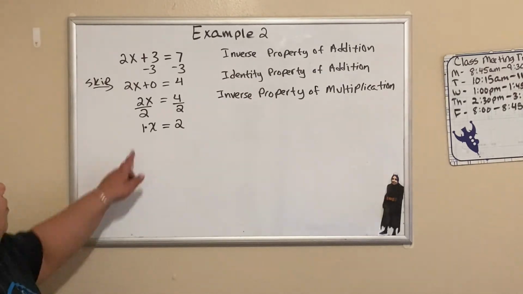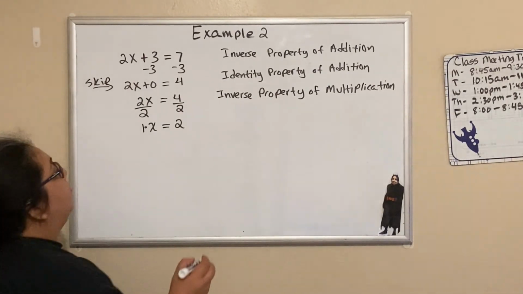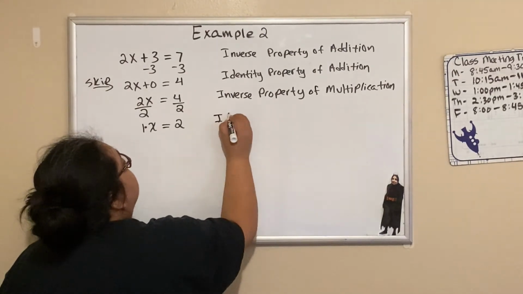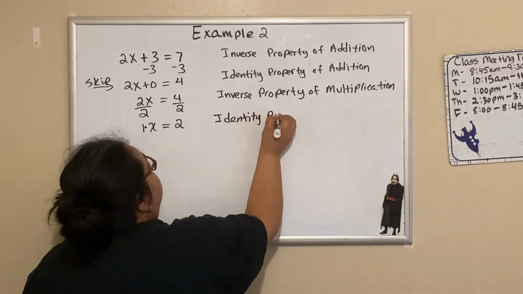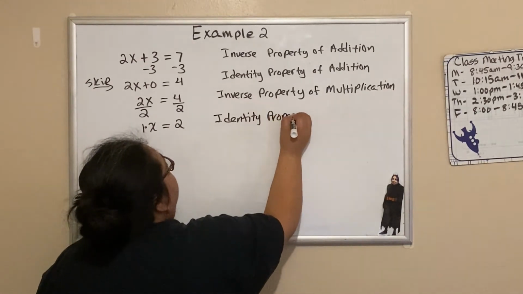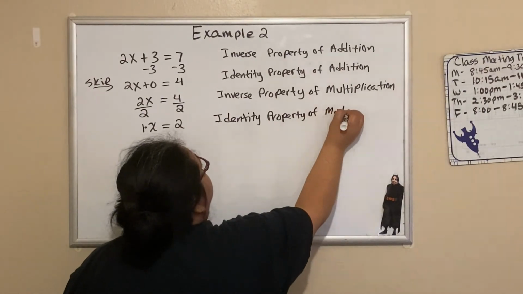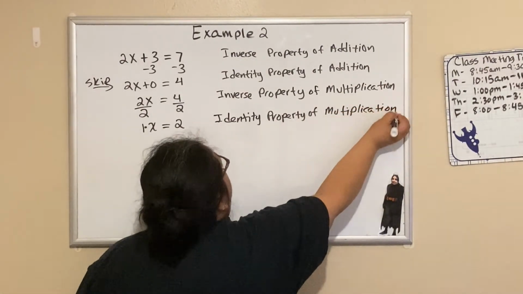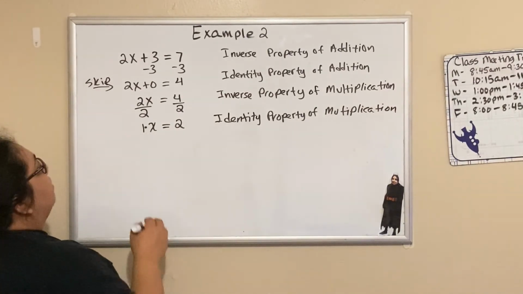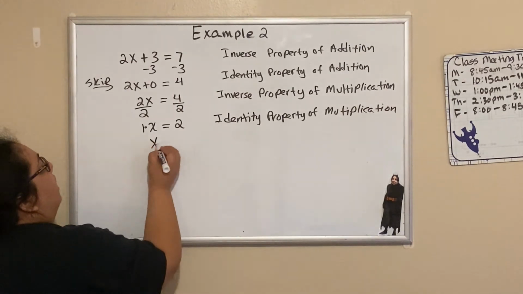And now we have 1 times x. That goes back to our identity property of multiplication. So we're going to use the identity property of multiplication. Okay, and the identity property of multiplication says 1 times a number is that same number.